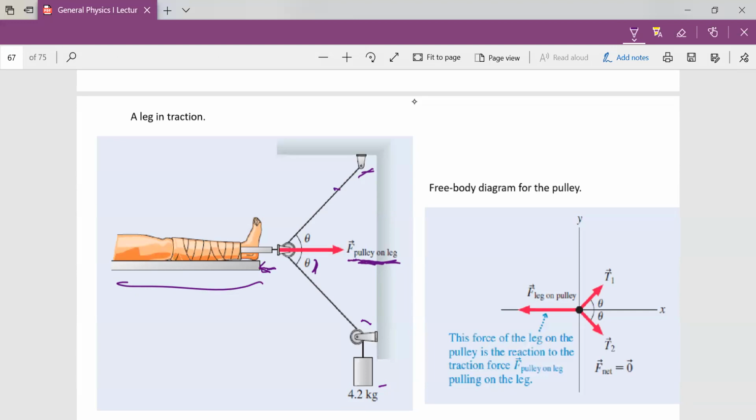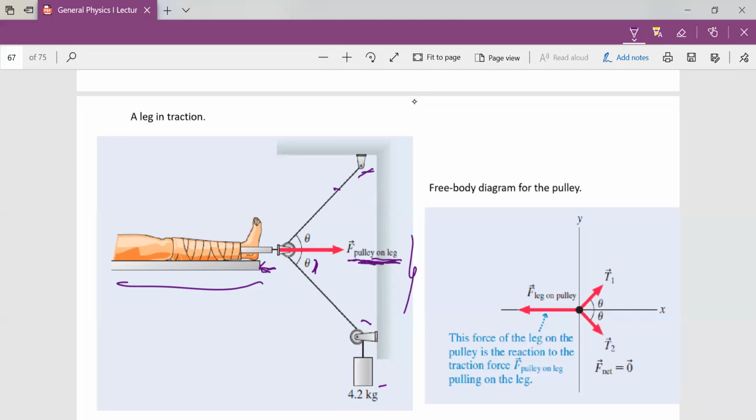So let's present a free body diagram of this analysis. The free body diagram clearly states the direction of the force of leg on pulley is going to be pulling back, while the net force here is pulling forward, pulley on leg, opposing.